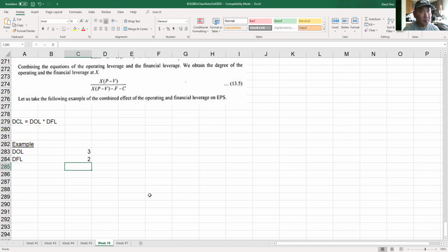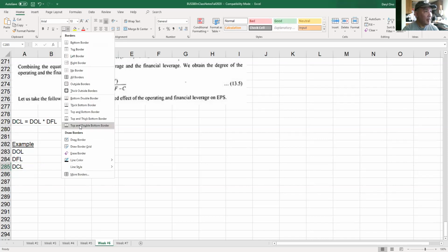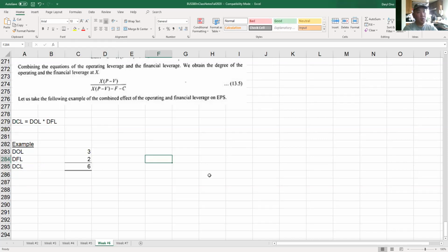So you don't add them, you multiply them. So your degree of combined leverage is going to be equal to 3 times 2.